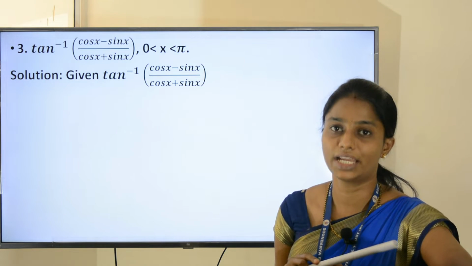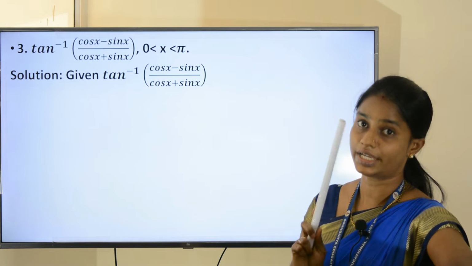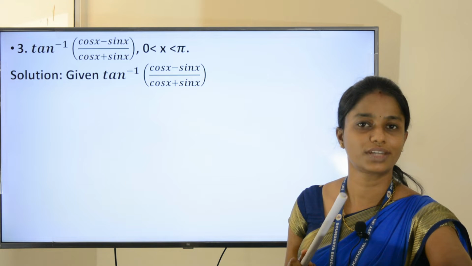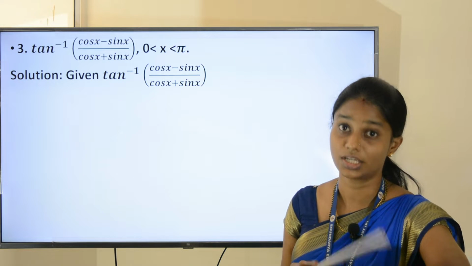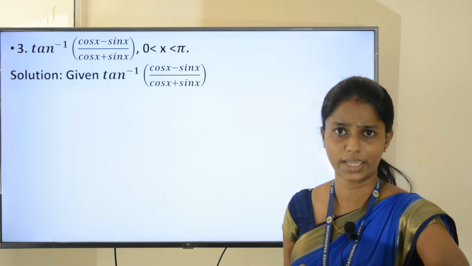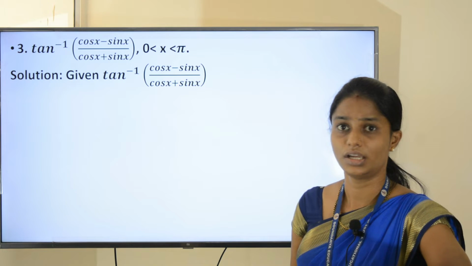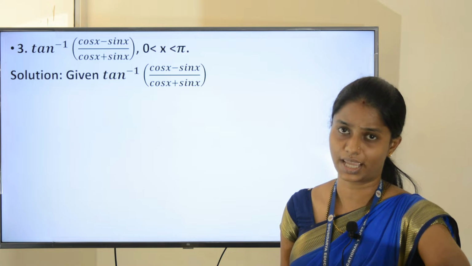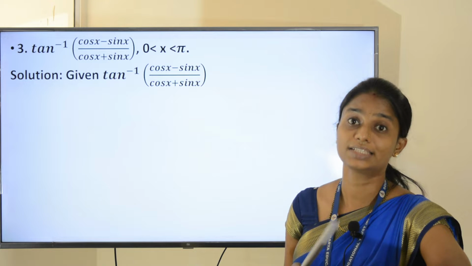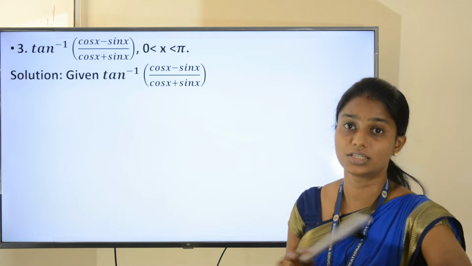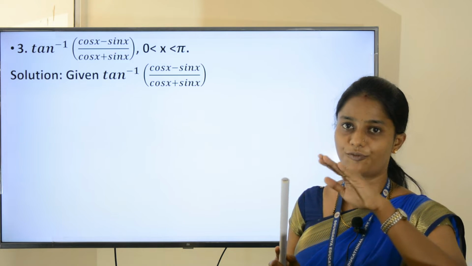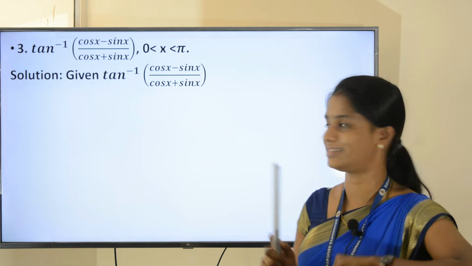But what I can do, students, please observe, our intention is to write this expression in terms of the tan trigonometric function. That tan formula will be tan of x plus y or tan of x minus y. I'll tell you that formula once again. Tan of x minus y is equal to tan x minus tan y divided by 1 plus tan x into tan y. In the formula, a total of 4 parts are there, isn't it?